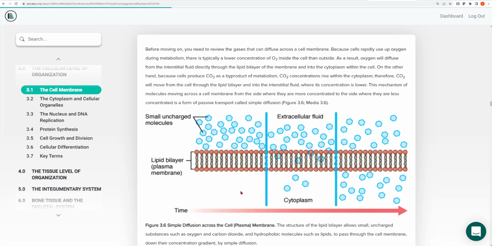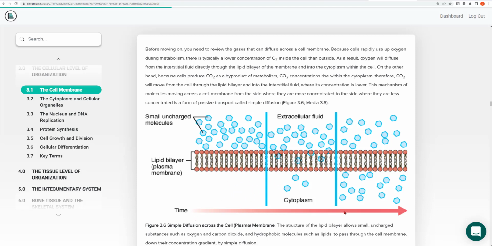At the beginning of this time, all of these molecules are found outside of the cell. And as time passes, we see that some of these molecules have managed to pass their way into the cell. Notice they're going from an area of higher concentration to an area where there isn't any of these molecules.